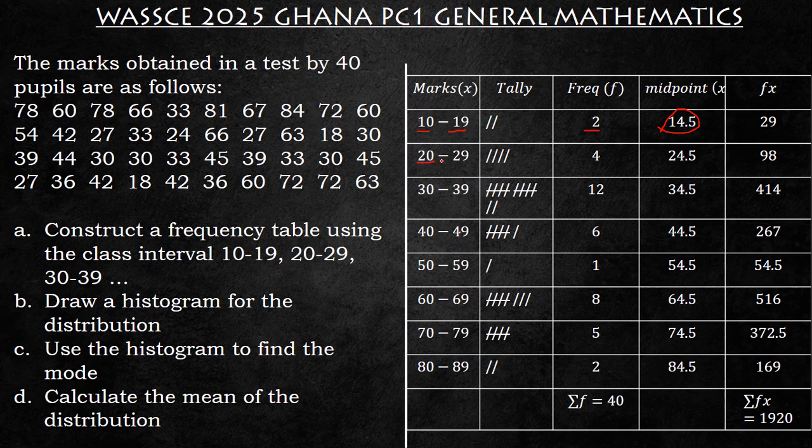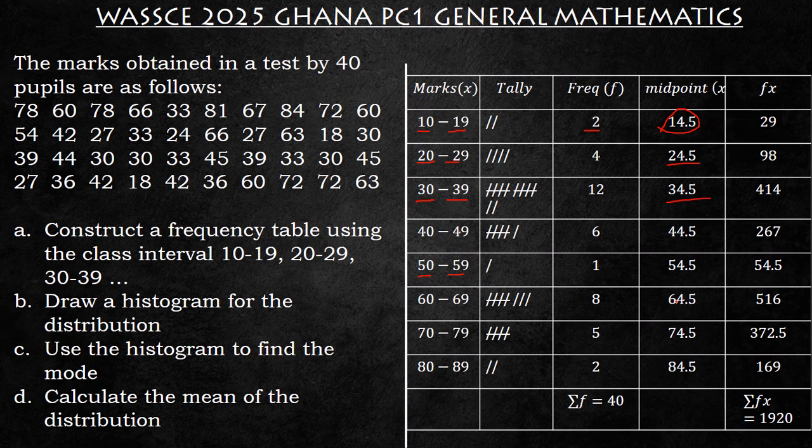Then 20 plus 29 divided by 2 is going to give me 24.5. Then 30 plus 39, that is 69 divided by 2, is going to give me 34.5. So you do this over here to complete this side of the table. Okay, that is how to get a midpoint. So you add the lower and the upper element, then you divide by 2.